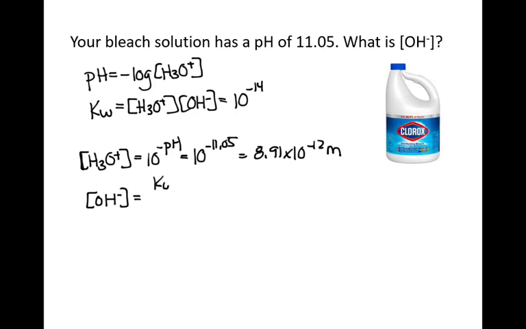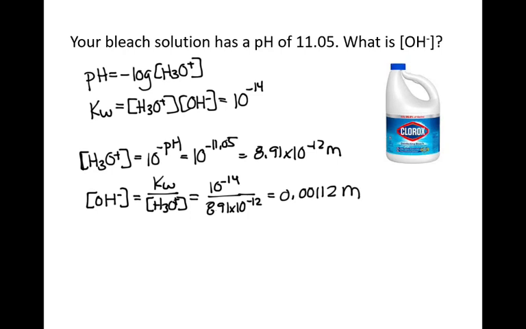So OH minus will be Kw divided by H3O plus, which will equal 10 to the minus 14 divided by 8.91 times 10 to the minus 12. And I get that to be 0.00112 molar. Or if you put that in scientific notation, that would be 1.12 times 10 to the minus third. And that will be our OH minus concentration.